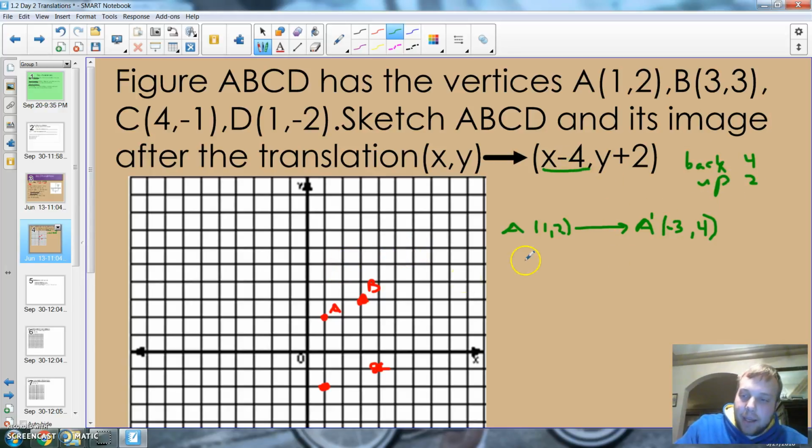So I'm going to take A, and now the new point is negative 3 and 4. So negative 3 and 4 is up here. All right, let's see. Now that's A prime. Did I go back 4 from my original point? Did I move it back 4? Watch. 1, 2, 3, 4, and up 2.